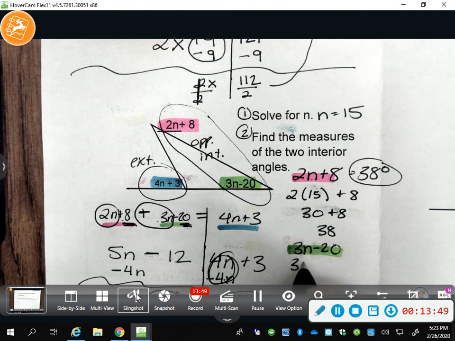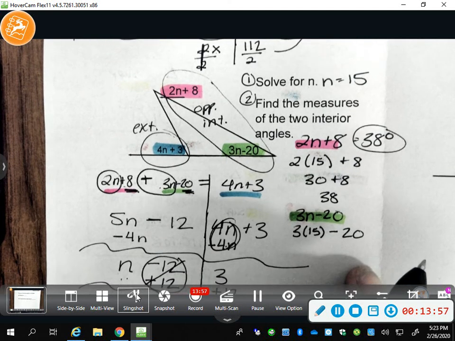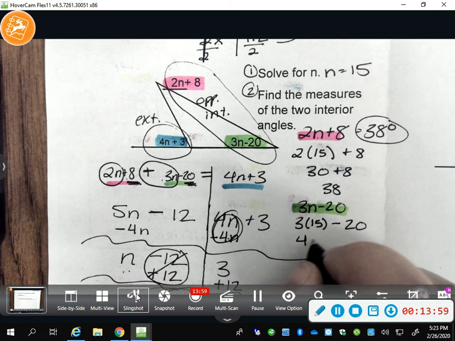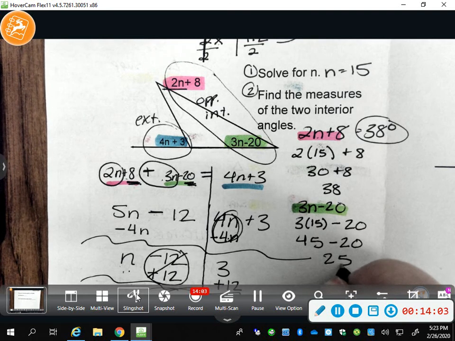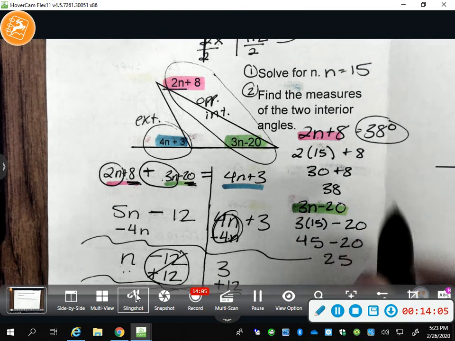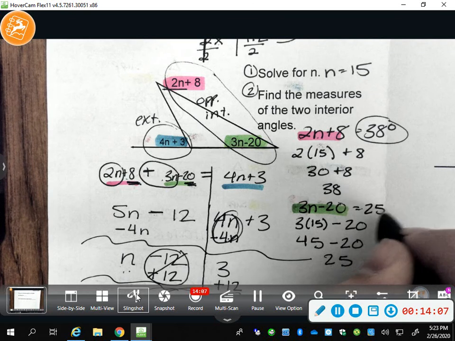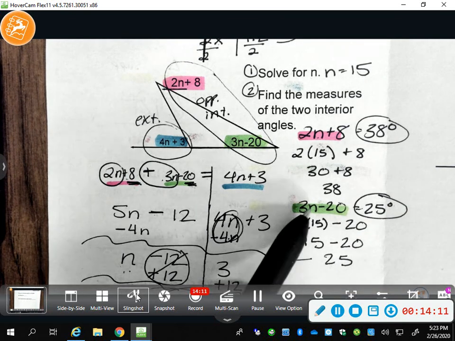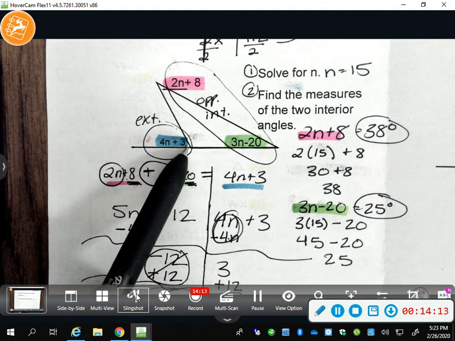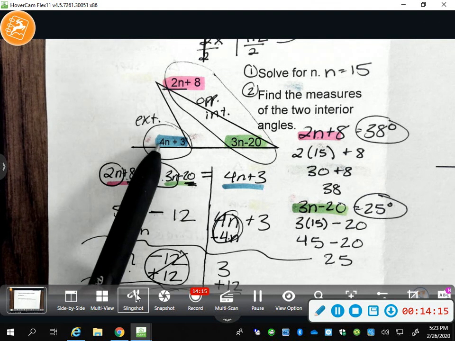So instead of writing 3 times n, I can write 3 times 15 and then minus 20. 3 times 15 is 45. 45 minus 20 leaves us with 25. So the green angle has a measure of 25 degrees. Think about if we could find the value of the exterior angle, 4n plus 3.